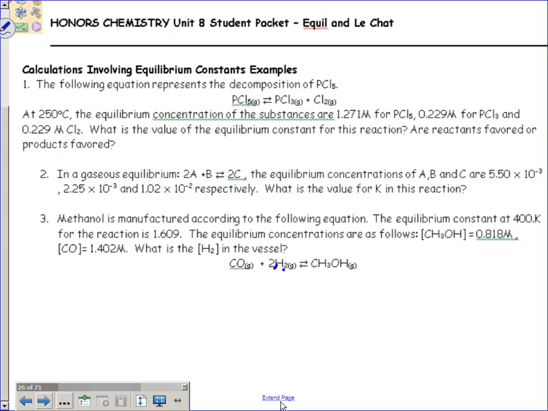You can go solve on the board, or we'll give you a chance to jump in first. I should hear you talking in groups if you need to. If we get all this done in class, you won't have to do any of this at home. You just have ABC book stuff. That's my goal.